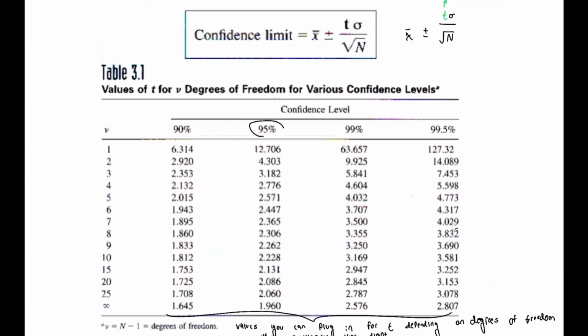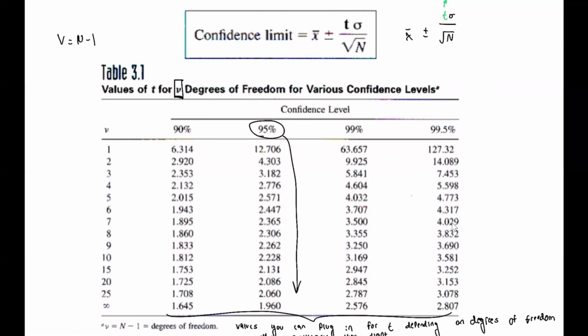So say I want to be 95% confident, then I would use a t from this range, right? And also, you have to select it depending on your degrees of freedom. So remember how degrees of freedom work? V would be equal to the number of measurements I did minus 1. So let's say I did 4 measurements and I wanted 95% confidence for my next measurement. I'll just come over here and look at this term. And this is the number I would plug in for t.